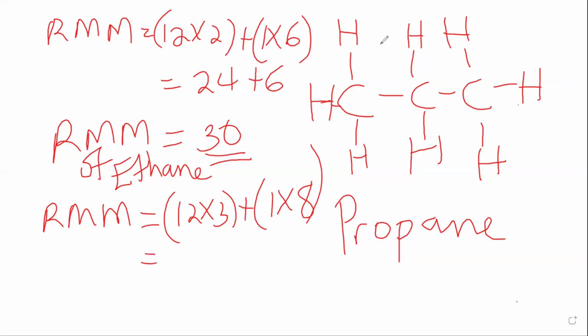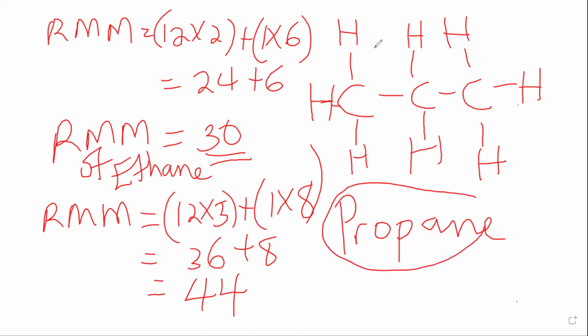So what is 12 times 3? 36, very good. Plus 8, what does it give us? 44, good. So you realize that propane is heavier than ethane.